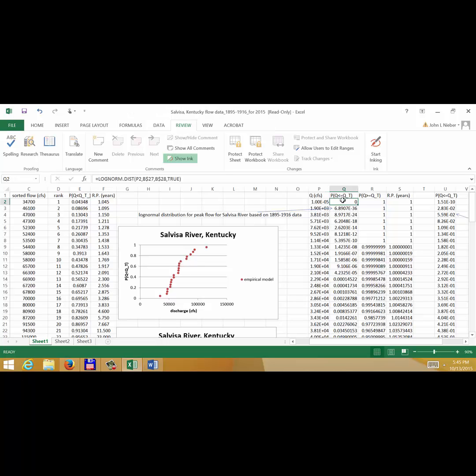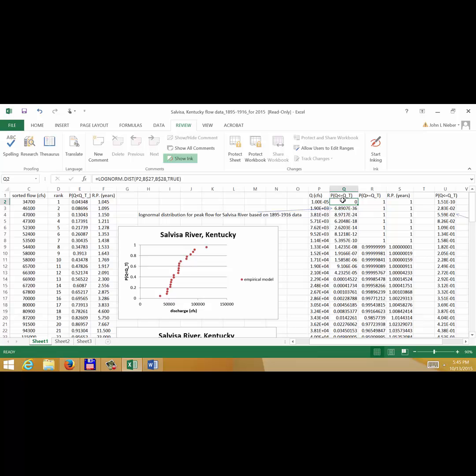Here I'm looking at the second row in column Q. This is the argument that you use: LOGNORM.DIST, that is the log normal distribution, for the value of P2, which is the discharge that I'm interested in. The arguments are B27, and B28, and then the word TRUE.